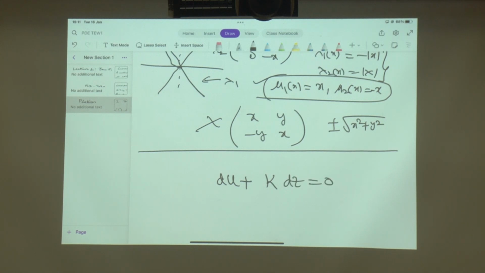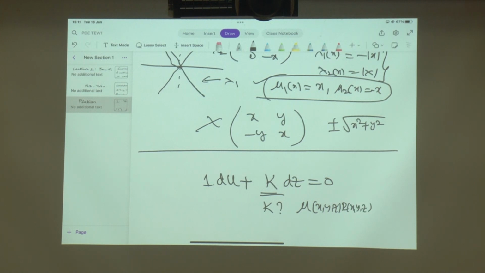Alright, once again a Pfaffian in two variables. Don't jump, because a Pfaffian in two variables means the coefficient function should involve only those two variables. Here the coefficient for du is 1. Fine, no problem. What about k? k is actually the original one which was there, mu r, mu of xyz, r of xyz.